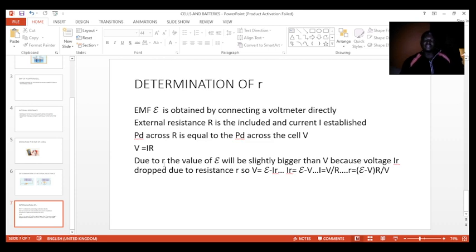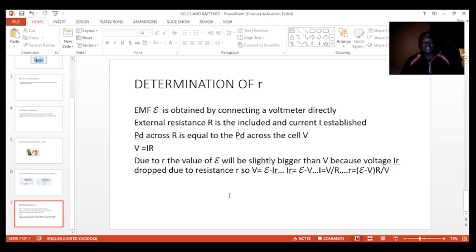Now, due to the internal resistance, of course, small r, which we say is inside the battery, it means that the EMF E, which we had measured earlier on, will have a value slightly bigger than the potential difference of the cell V after introducing the external load.